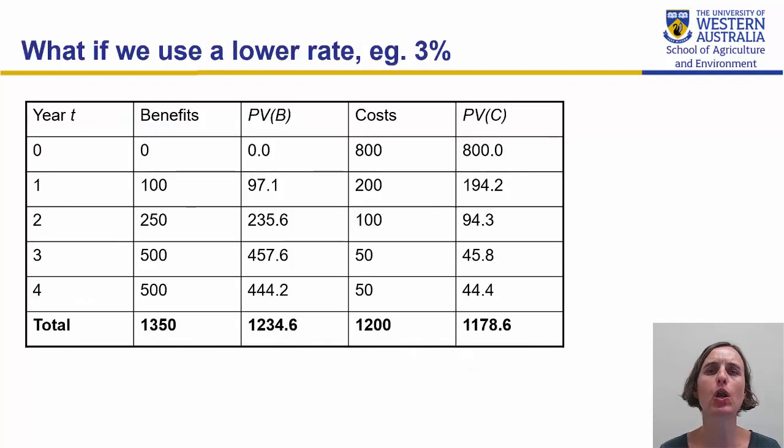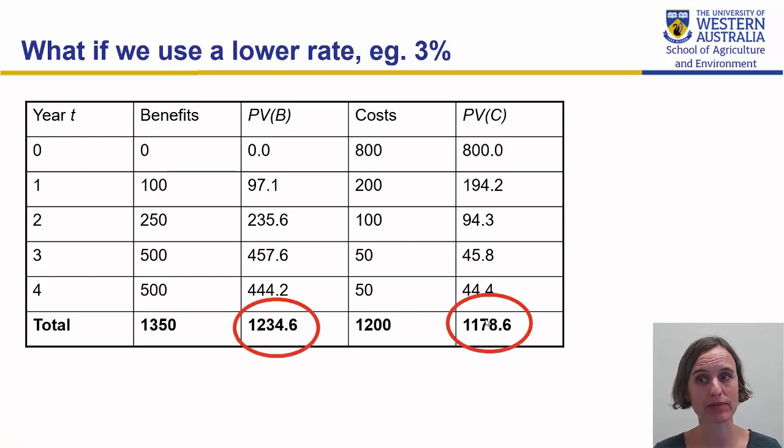Now what happens if we use a lower discount rate? For example, 3%. I've done exactly the same. We have the same benefits, the same cost, but I've discounted them at a lower rate. Now what you see is that the present value of the benefits is actually higher than the present value of the cost.